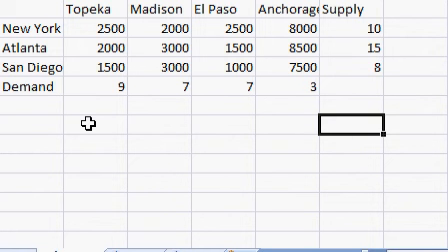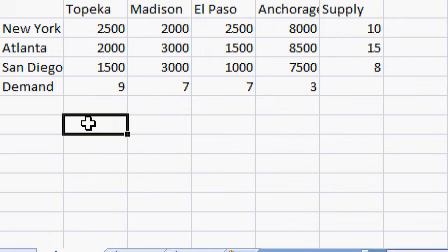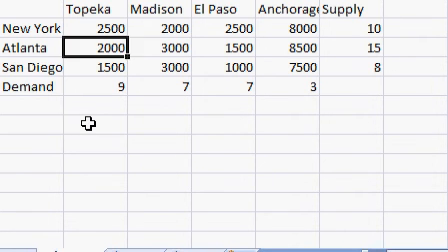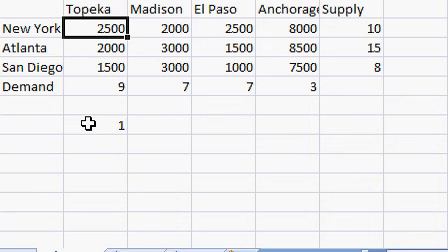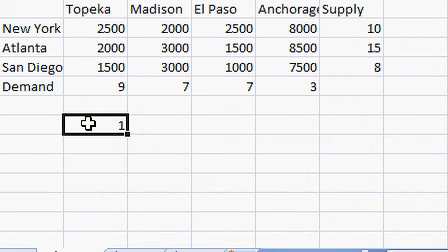So to do that, we need to construct a benefit function. So the benefit function is going to equal the, well, first of all, we have to decide how many of each of these. So for example, New York to Topeka, let's say we ship 1 unit from New York to Topeka. Well, that's going to cost 2,500 in miles, and we'll just assume costs are equal to mileage.